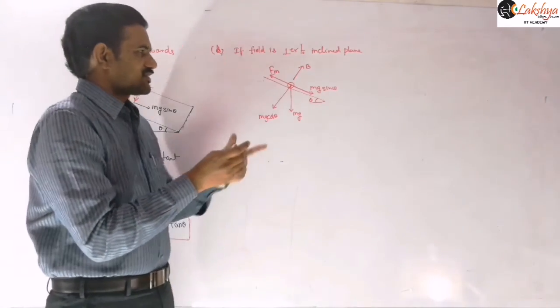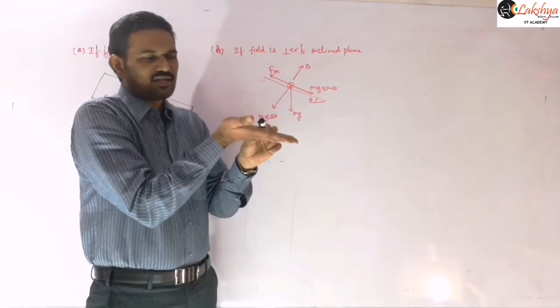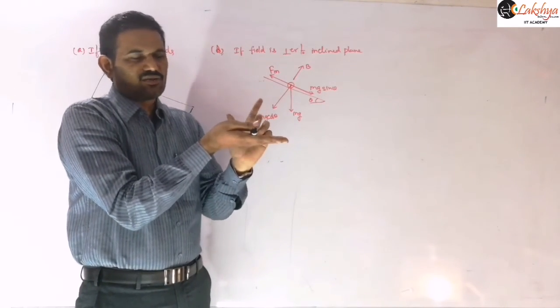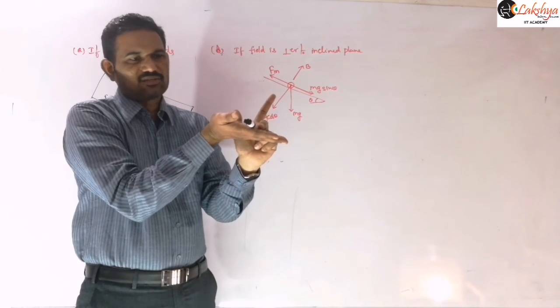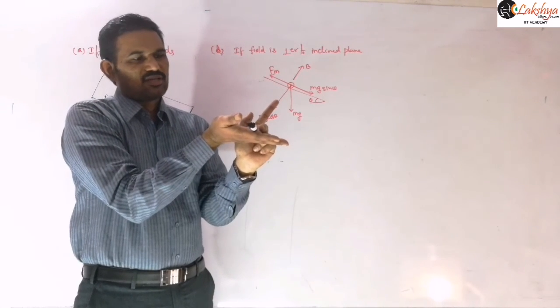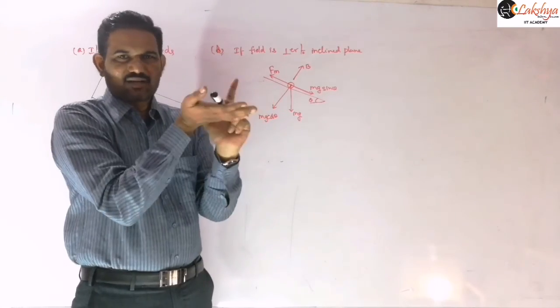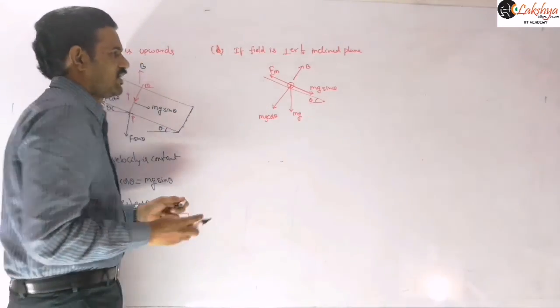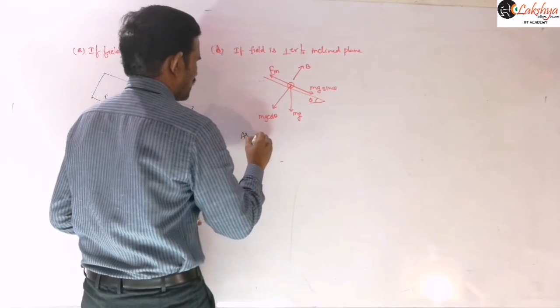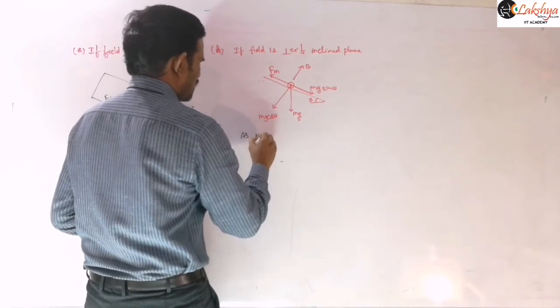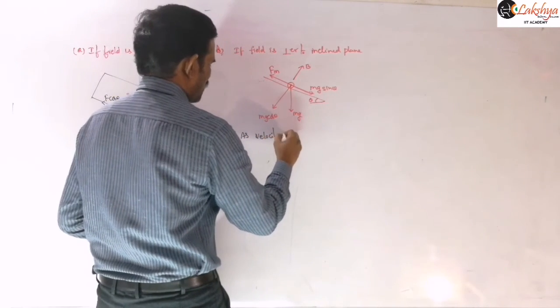So this is the inclined plane we are taking and this is the current carrying wire. Just apply the left hand rule like this. So thumb is parallel to the inclined plane and up the inclined plane you will get. And so in equilibrium, here also the same condition: velocity is constant.